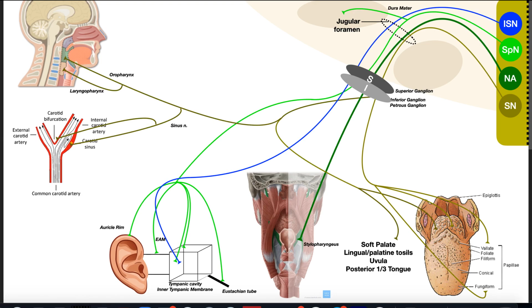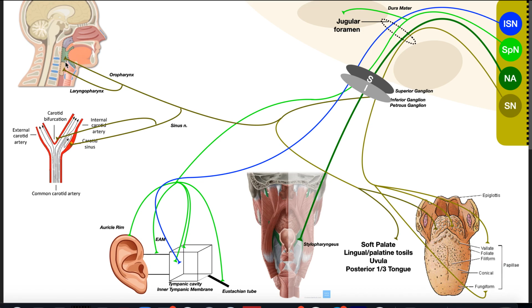Now we're going to see general visceral sensation and also general somatic sensation, or somatosensation. The first one we'll look at is over here in the pharynx. Now remember, there's three regions of the pharynx. Up here is the nasopharynx, in green is the oropharynx, and down here in gold is the laryngopharynx. The nasopharynx is sensed via afferent fibers from the trigeminal nerve, cranial nerve 5.